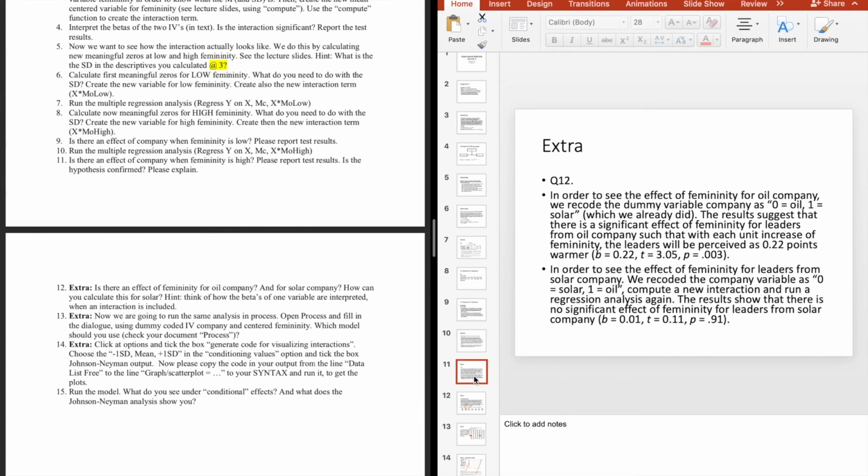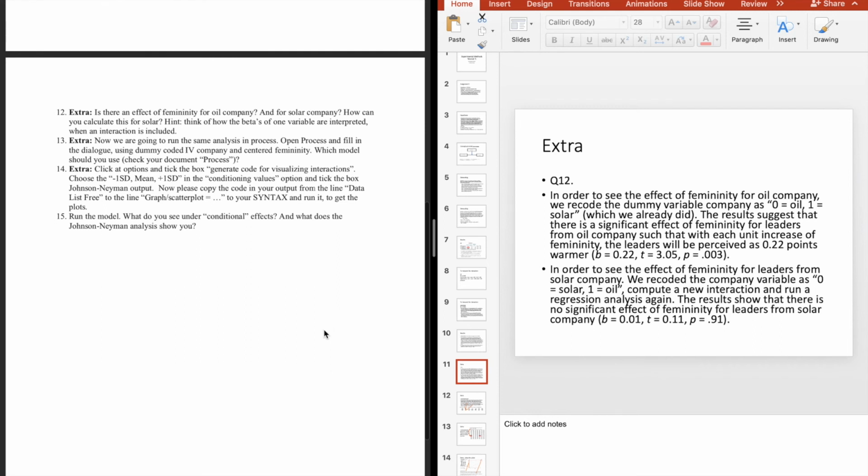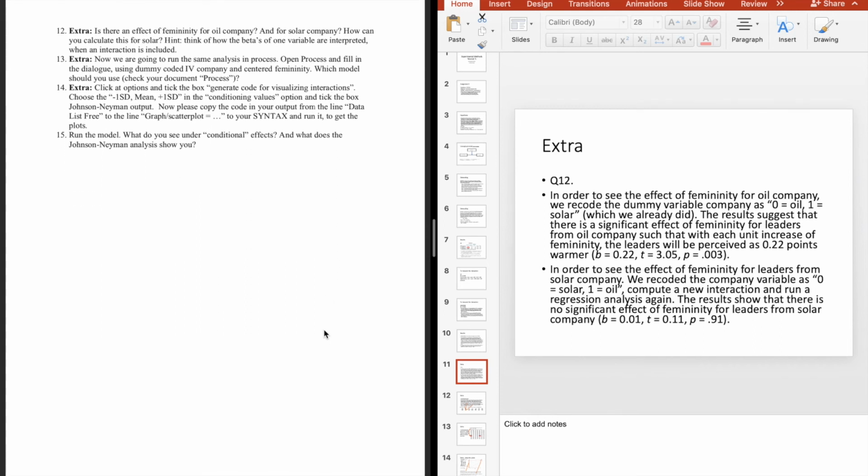Exactly. And well, it's actually not very much content, so we came to our extra part already. And this is what I said before. These questions in the extra part are challenging you on how coding differently can influence our interpretation.